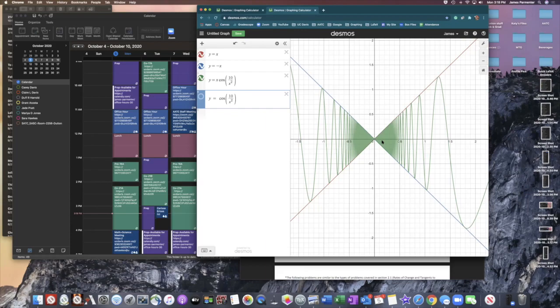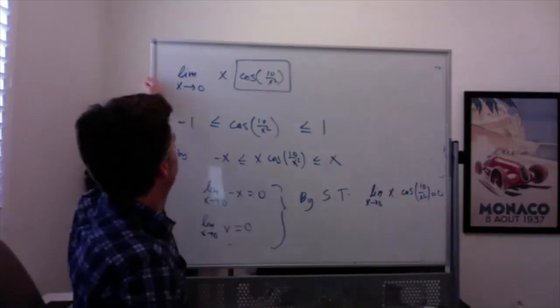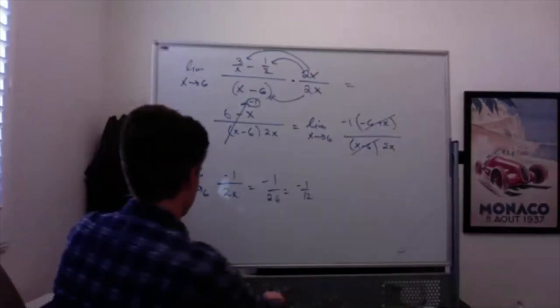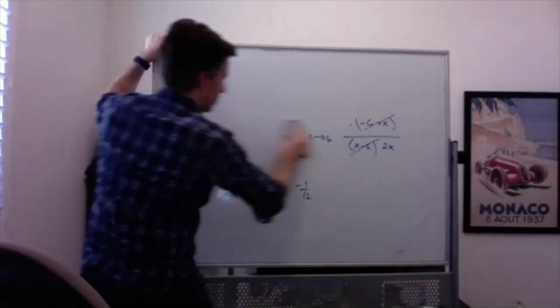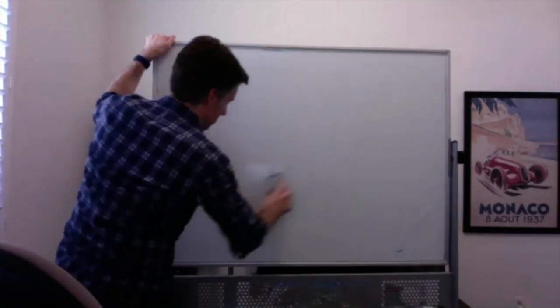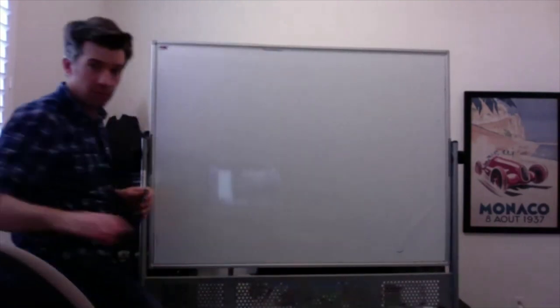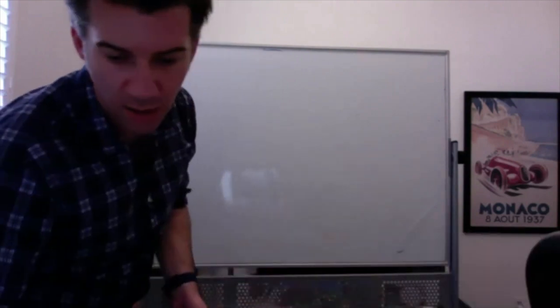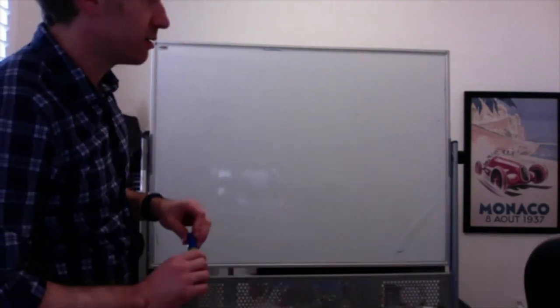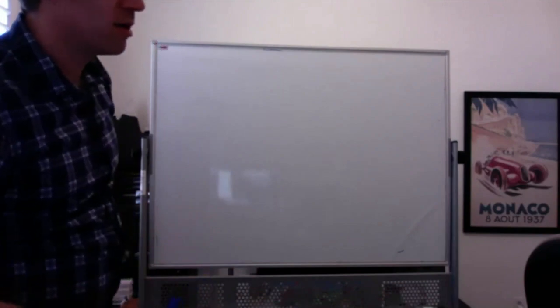Let me stop sharing my screen so you can see what I'm drawing. You don't have to add anything that's in the parentheses of the cosine, like the 10 over x squared.